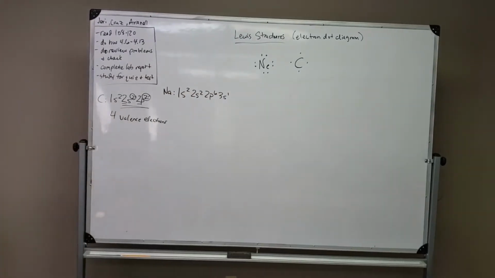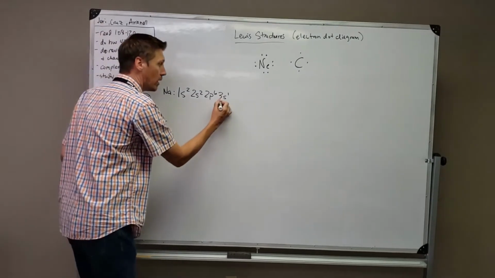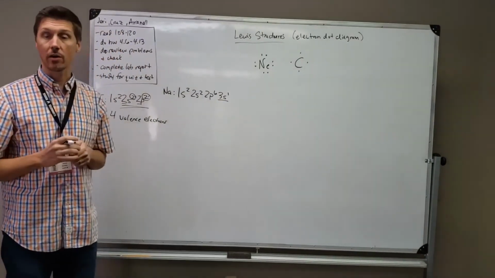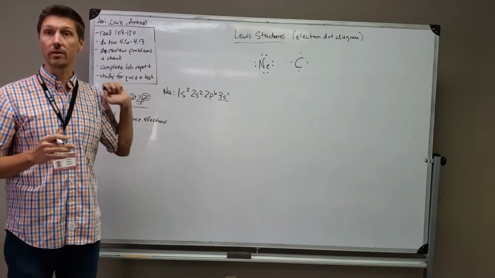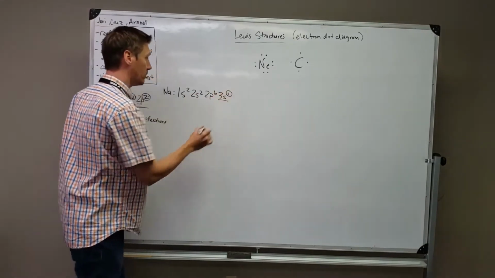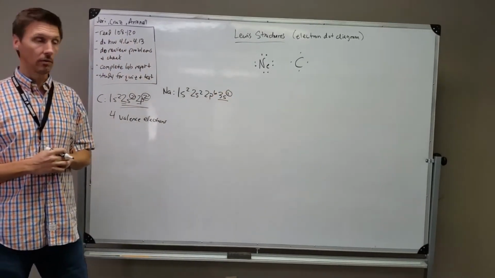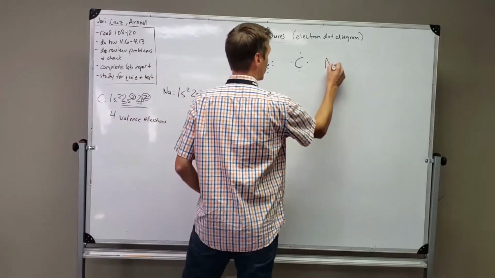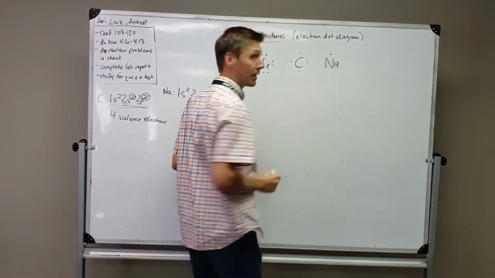And so it's only got 1 orbital in its outermost energy level. The highest number there is the 3. So it's only got 1 valence electron. Okay. And so sodium's electron dot diagram looks like that.